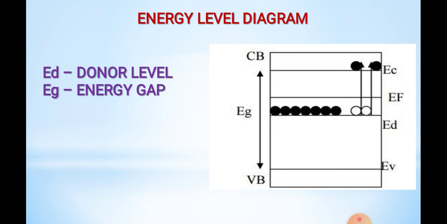Another electron moves to the conduction band, so another hole will be created in ED. So the number of electrons in the conduction band will be equal to the number of holes in the donor level. To find the carrier concentration and the Fermi level, we can use this condition in the N-type semiconductor. So that's all about some basic things in the N-type semiconductor.